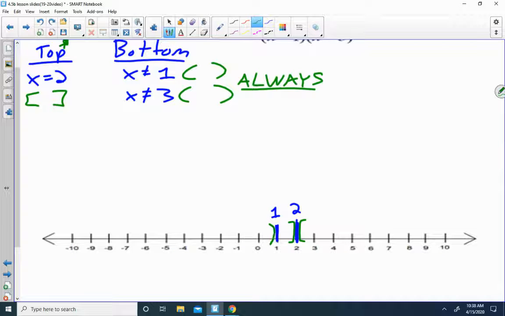Some of you already are like, ooh, these borders are really close. And then we also have 3 as a border, and that's going to have open parentheses as well.